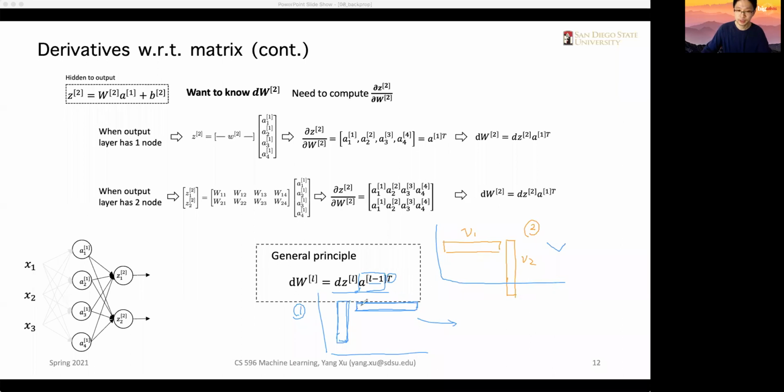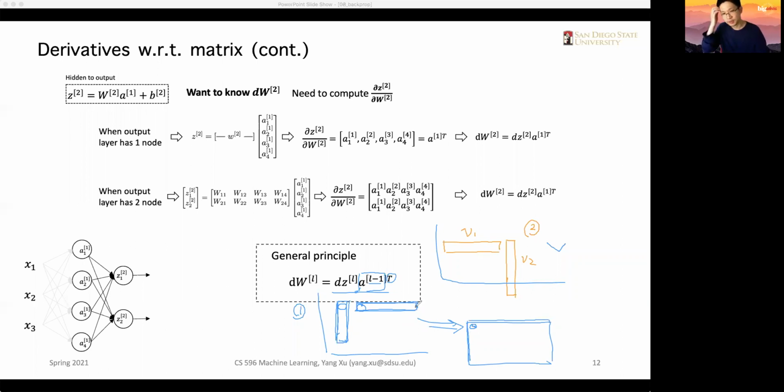So basically you take the first element here and multiply it with the first element here, and you put it into the upper left corner as the product. The resulting matrix of this outer product will have the same number of rows as this column vector and the same number of columns as this row vector.